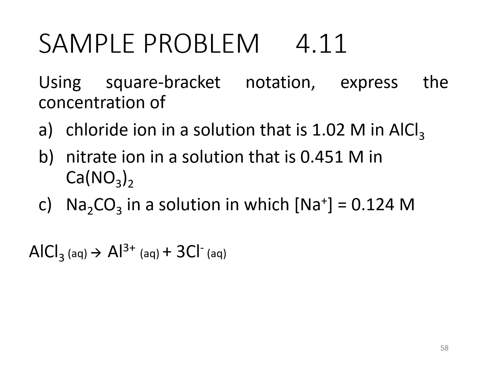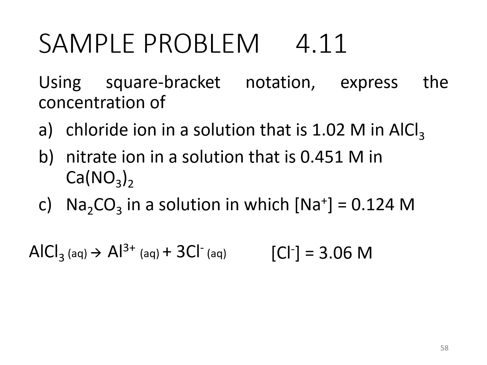So because of that, if I have 1.02 molar aluminum chloride, that is a 3-to-1 ratio. For every 1 mole of aluminum chloride, I'm creating 3 moles of chloride in solution. So I would take that molarity and multiply it by 3. So the concentration of my chloride ion is equivalent to 3.06 molar.